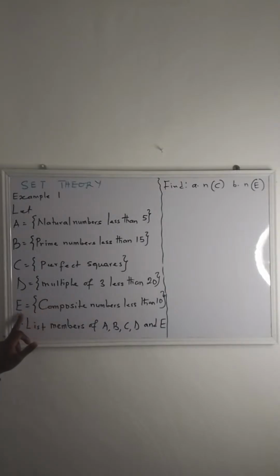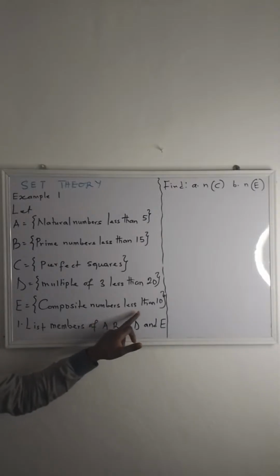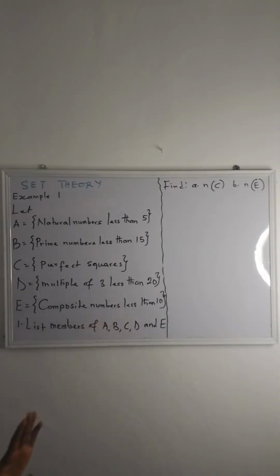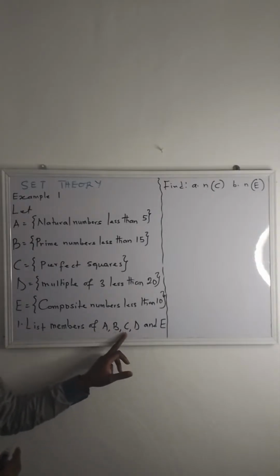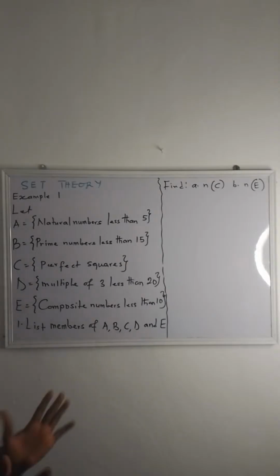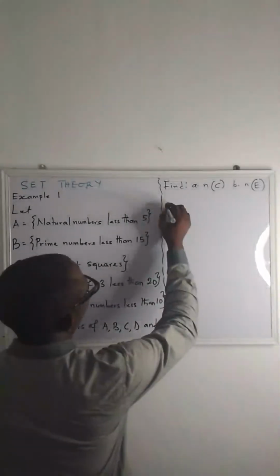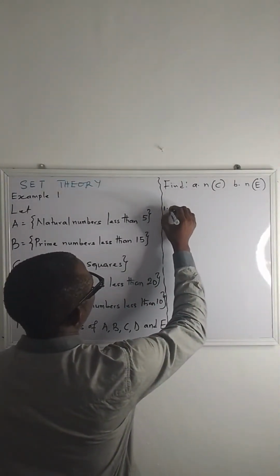Now, the last one, E, the set of composite numbers less than 10. The question asks us to list the members of sets A, B, C, D, and E. So how do we go about this? Let's start with the first one, set A.